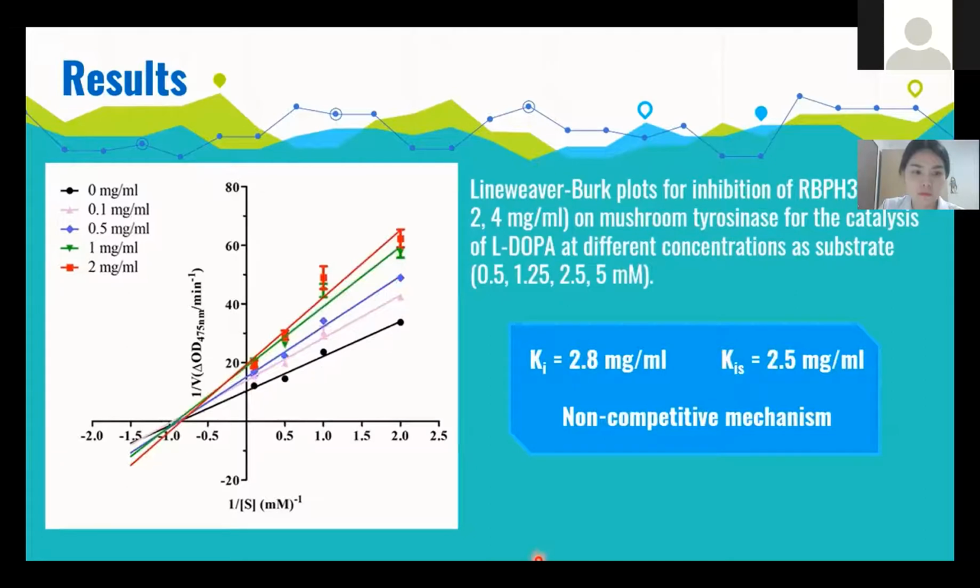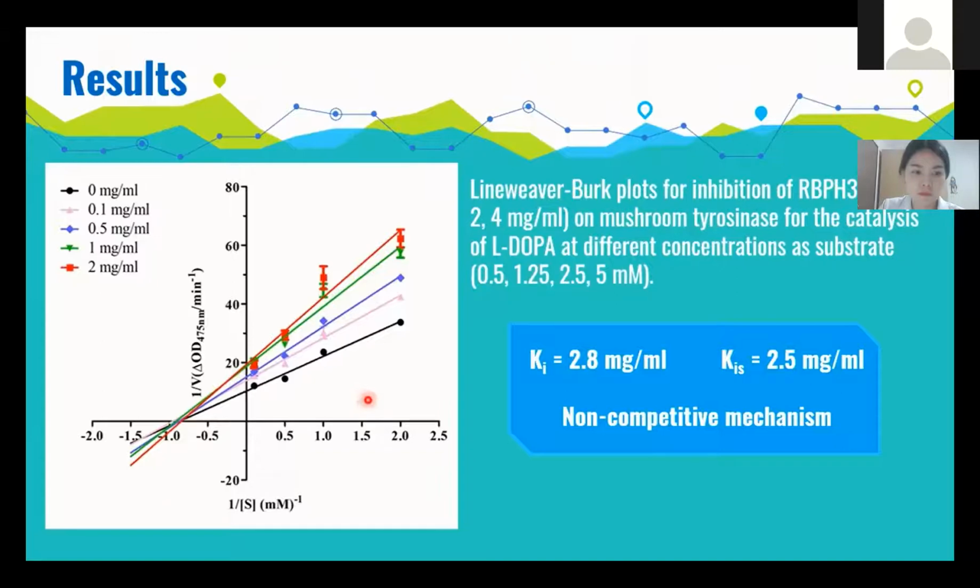This figure shows the Lineweaver-Burk plot with and without RBPH3. The plot shows a pattern of lines with different slopes intersecting at the horizontal axis in the second quadrant. The results show that Vmax decreased and Km remained unchanged with increasing RBPH3 concentration.